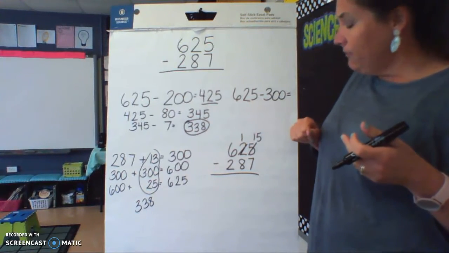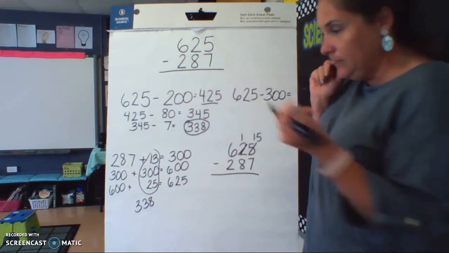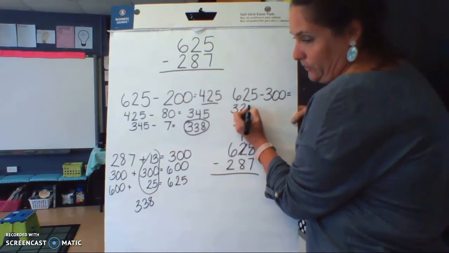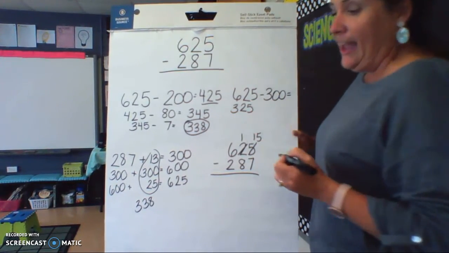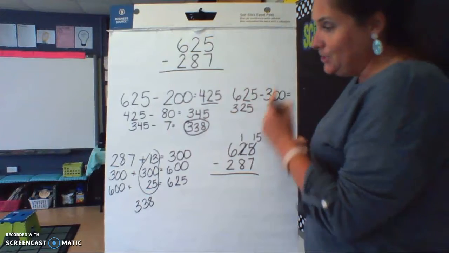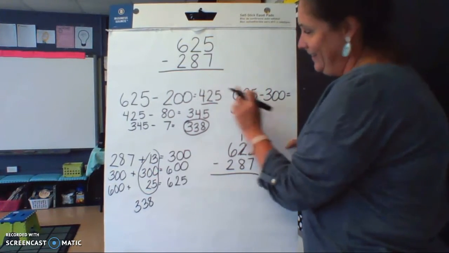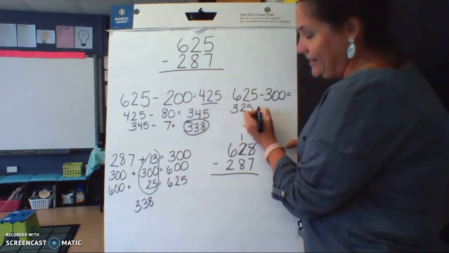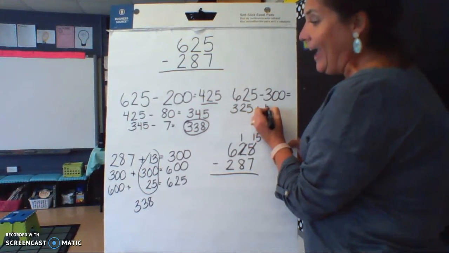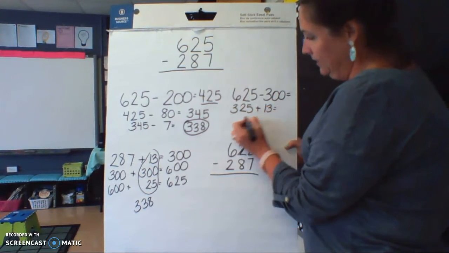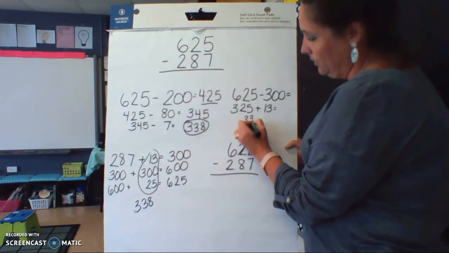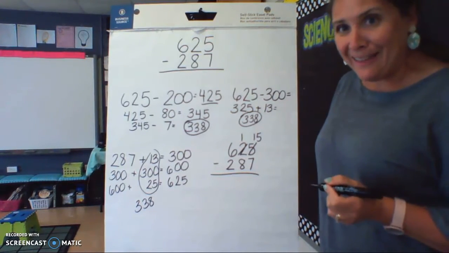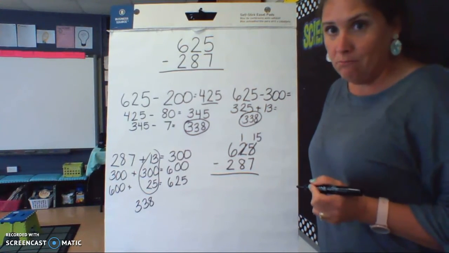Because 625 minus 300 gives us, because you're just taking away the 300s, 325. And then the additional 13 that we took away, we now have to add back in to give us 338.